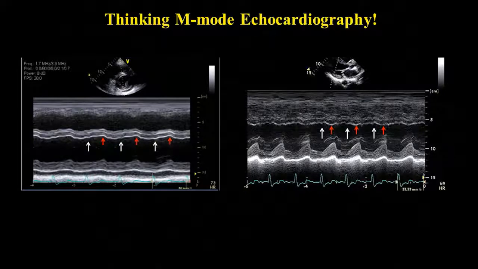These are examples from 2 different patients. The white arrow here is showing the abnormal electrical activation of the myocardium with this septal beak, and the red shows what the myocardium does after the contraction starts. In the first case, the septum goes away from the posterior wall.